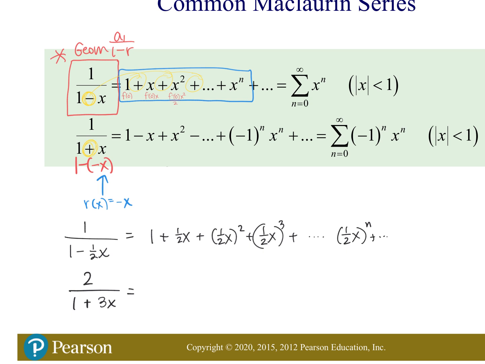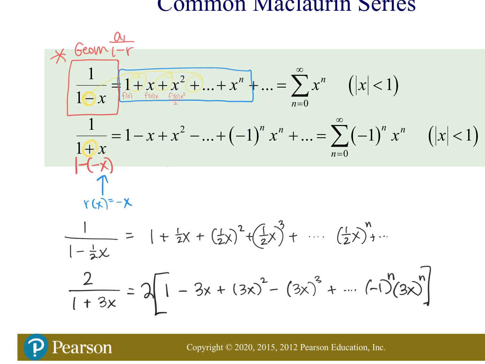And so I'll start with 1, and then I have subtraction of 3x, and then addition of 3x squared, and then subtraction of 3x cubed, and dot, dot, dot, down to negative 1 to the n, which creates the alternating term, and then 3x to the n. And the whole thing then would be multiplied by 2 to cover the coefficient.